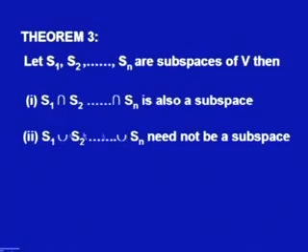The result we have proved for S1 union S2 can be further generalized to finite n subspaces. The result has been established for n equal to 2. The viewers can prove these results, and the hint is they can use mathematical induction.